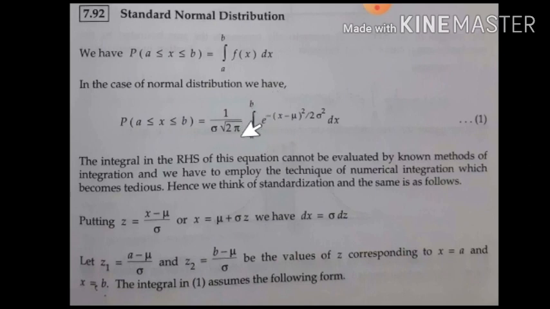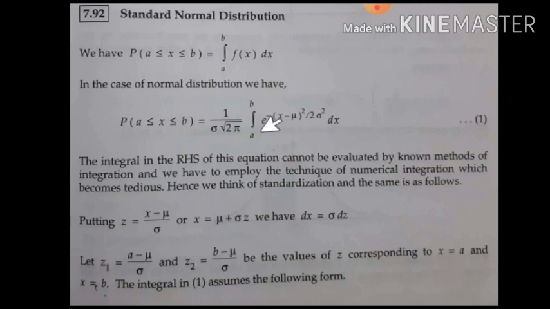It is not easily possible to integrate this integrand with the limit a to b. So we need to apply a numerical technique to evaluate this integral. Keeping that in mind, we are going to standardize the normal distribution.